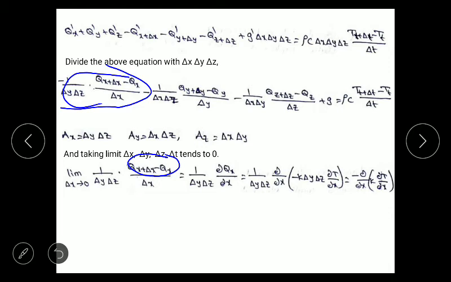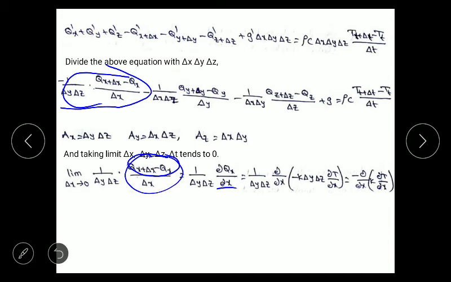Now this term has to be written as dq by dx, but the heat change is not only taking place in the x direction, it is also taking place in the y and z directions. So the partial differentiation dou qx by dou x is written, as the change in heat is not only in the x direction alone.